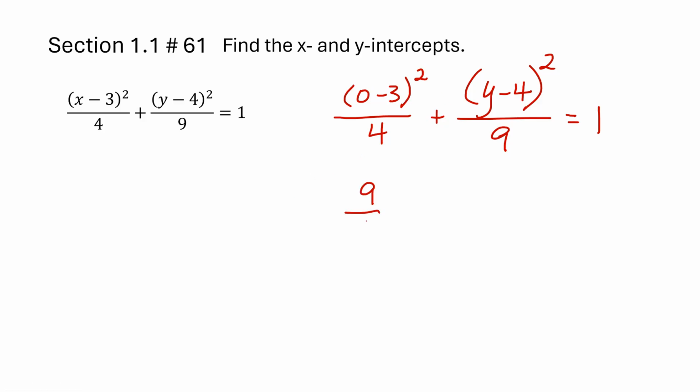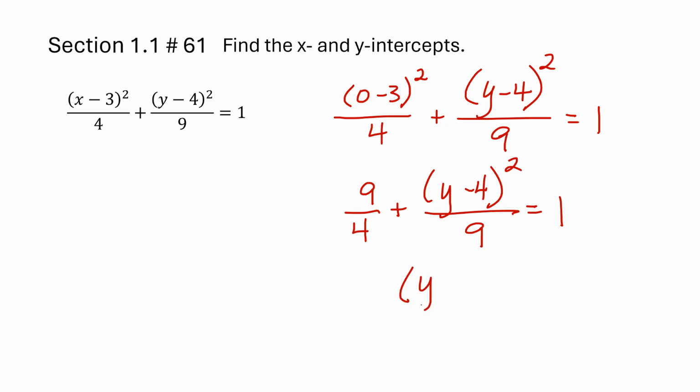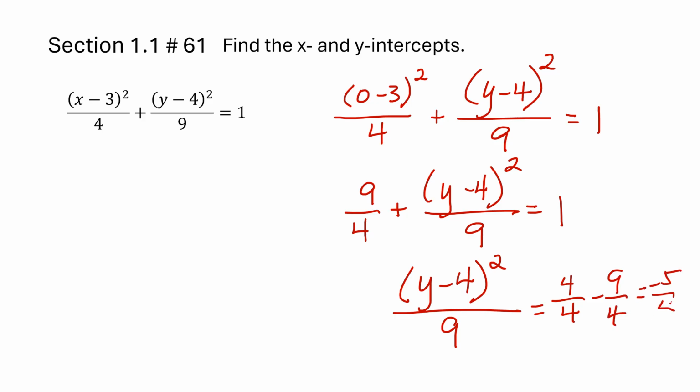So 9/4 plus (y minus 4) squared over 9 equals 1. Then you can subtract 9/4 on both sides, and you're going to have (y minus 4) squared over 9 is equal to 4/4, which is 1, minus 9/4, which is going to be negative 5/4.